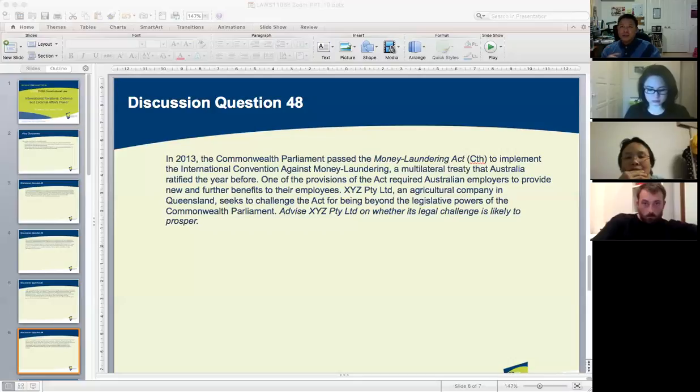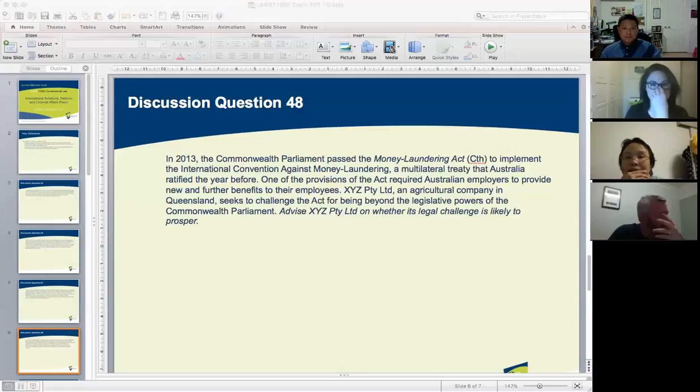So you can argue that on the basis of the requirement about money laundering, it needs to be able to control whatever benefits are given to employees. And there is no requirement that there has to be a direct connection, as stated in the Tasmanian Dam case, as well as in the Engineers case, between the treaty and the legislation. There is no requirement of a direct connection.